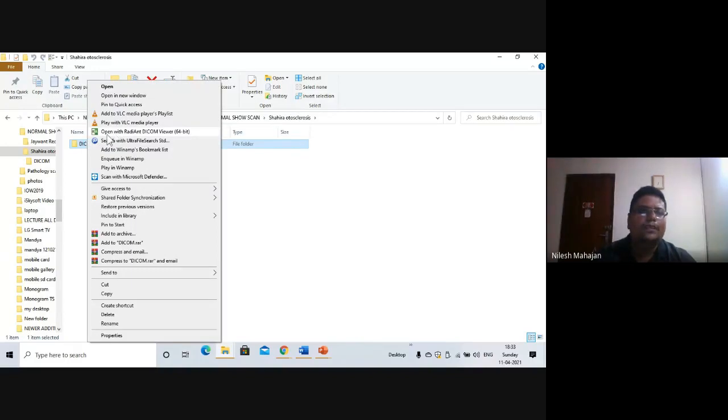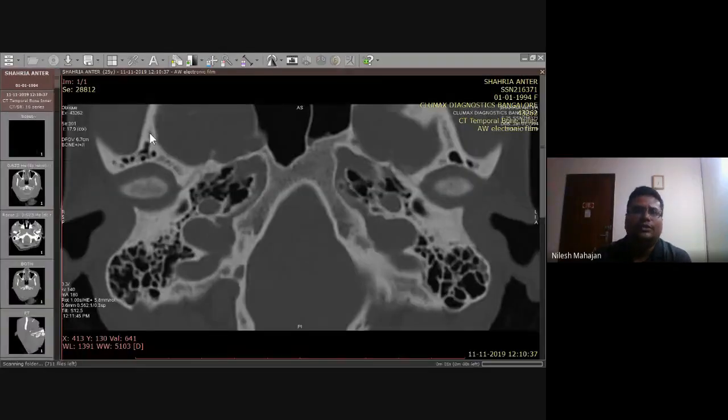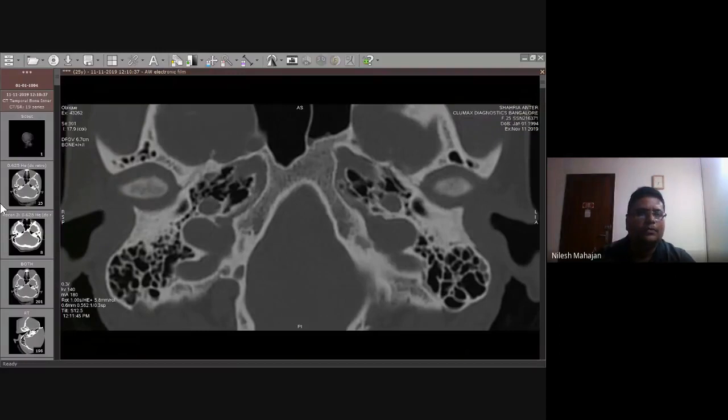So I told you, see, I right click, and it shows open with Radiant DICOM viewer. I'm opening it. So this is the Radiant DICOM viewer. I will just tell you how to use it.